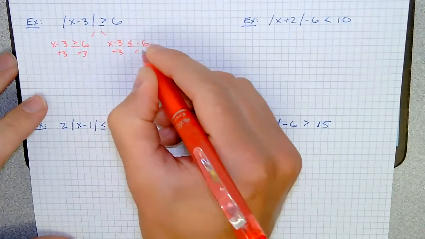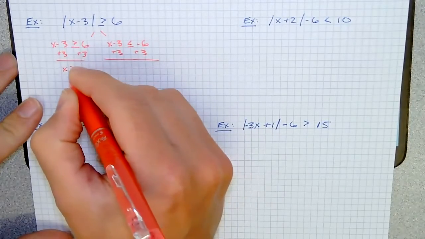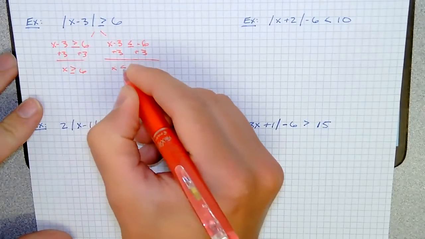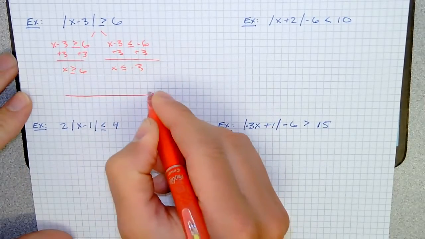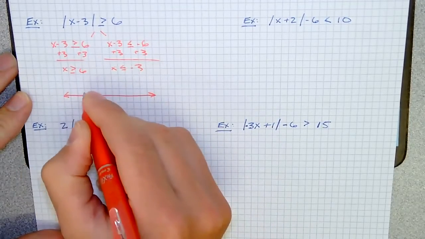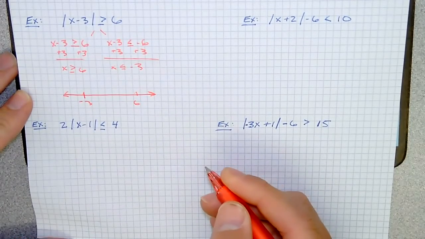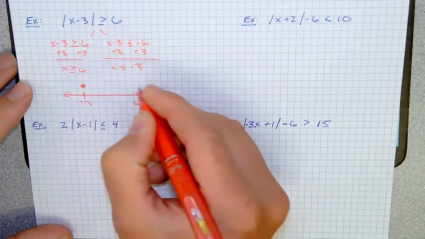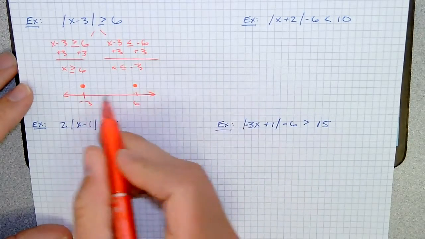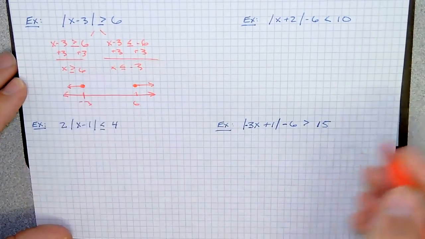Now we're adding 3 across the board. So we get x is greater than or equal to 7 and x is less than or equal to -3. Okay, open dot or closed dot? Closed. So greater than 7 goes this way, less than -3 goes that way.